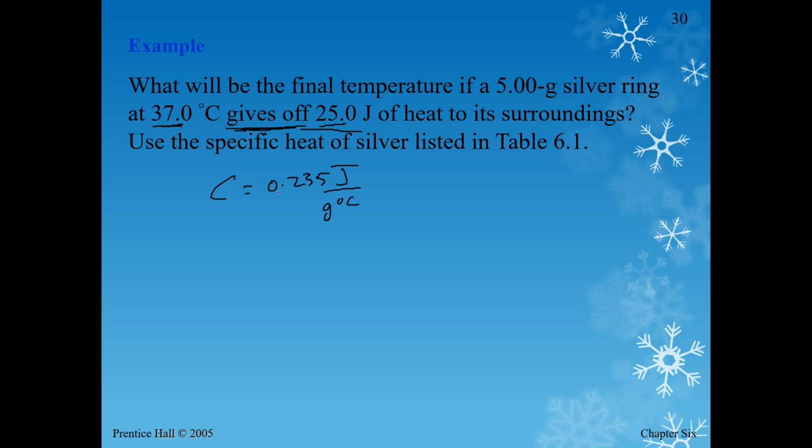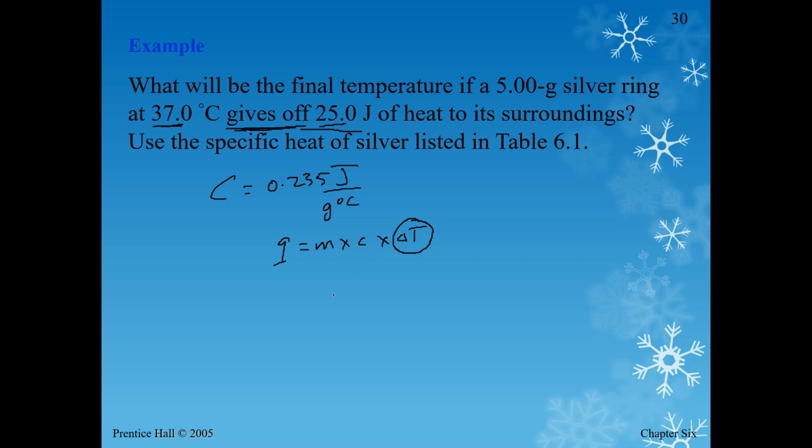So what I would do is start off with Q is equal to M times C times delta T, right? What I would do is try to find the change in temperature. Once I find the change in temperature, I will add it to the initial temperature to get the final temperature.